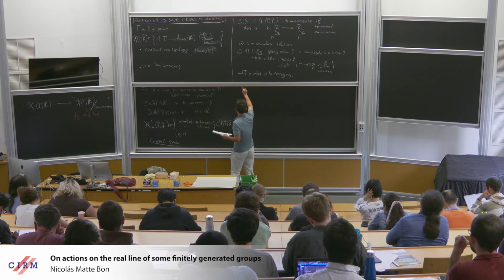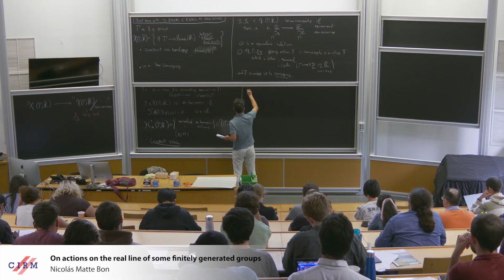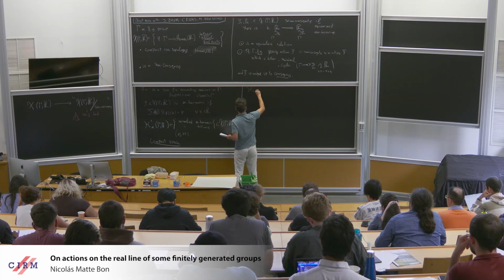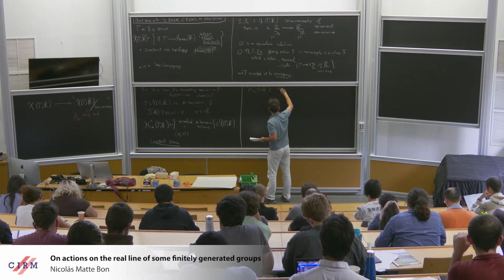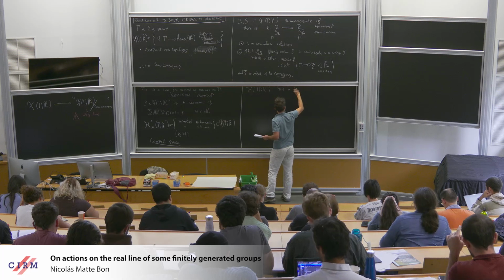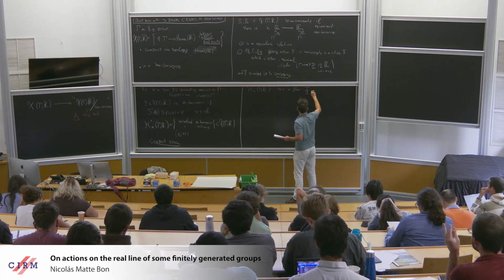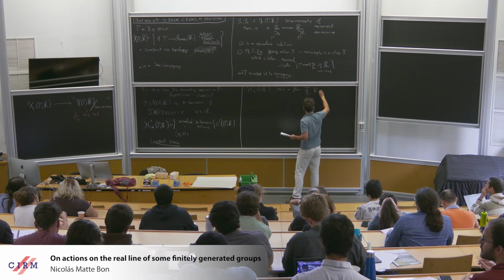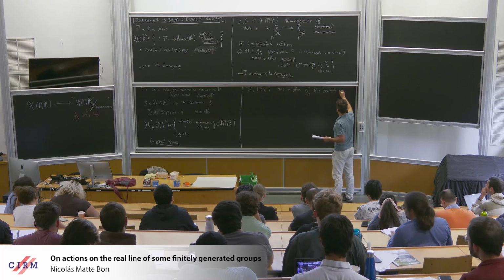And moreover, there is a flow on this space, which is the translation flow, big phi. I will drop gamma R from now on.